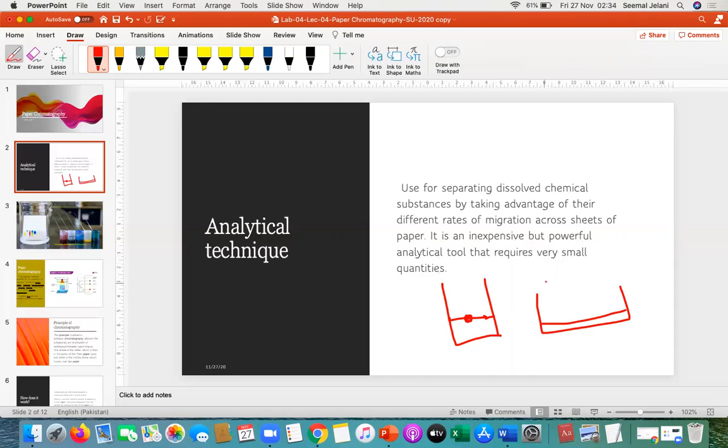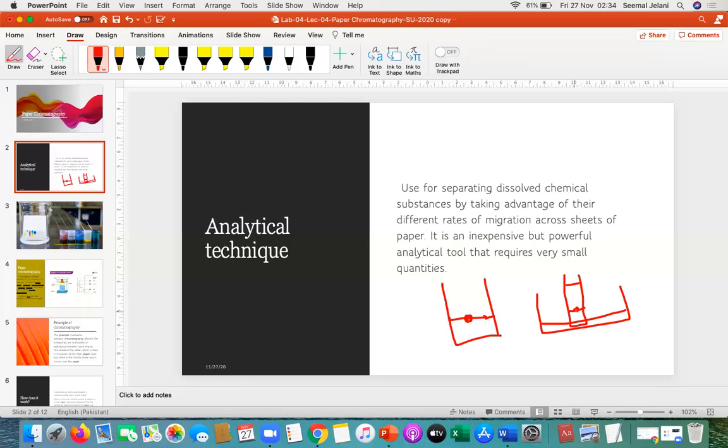And you clamp the paper in the solvent in such a way that the tip of the filter paper is dipped in the solvent. Now as the solvent moves up this filter paper, it will go for a certain distance, so mark that distance.